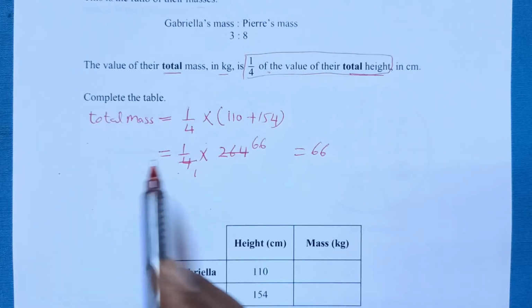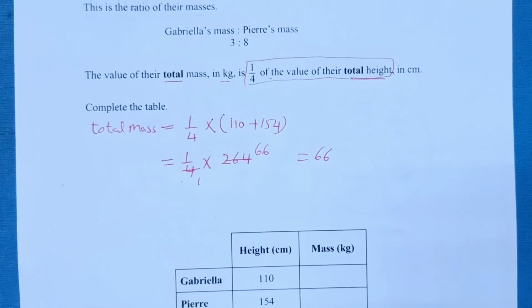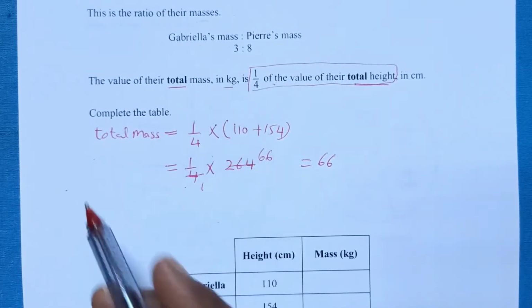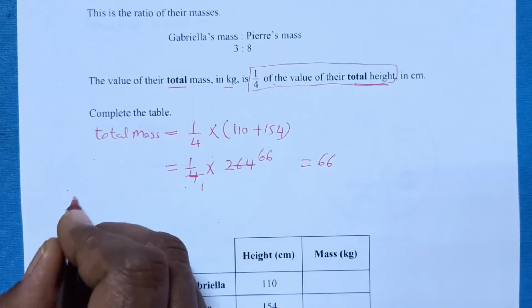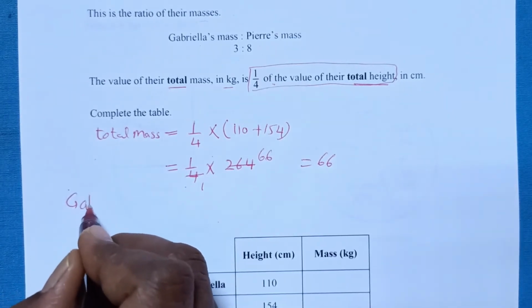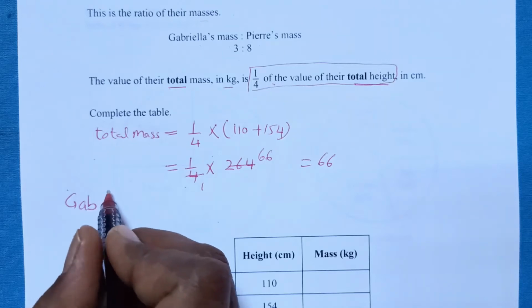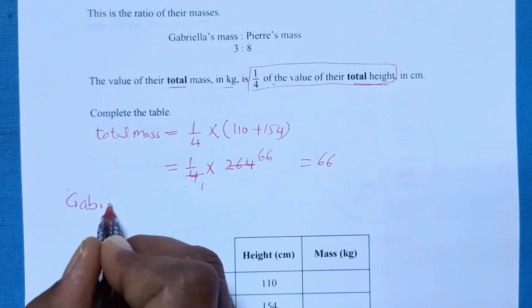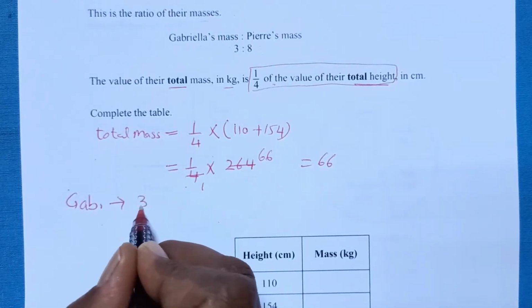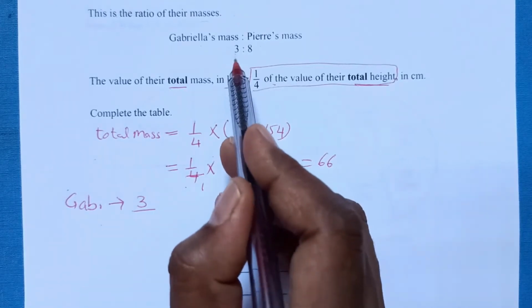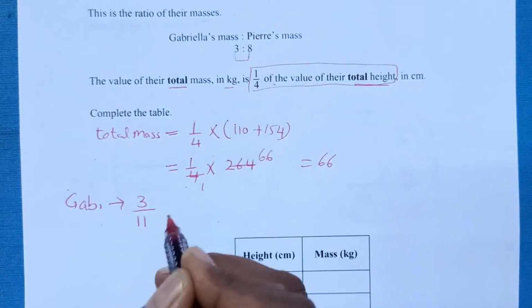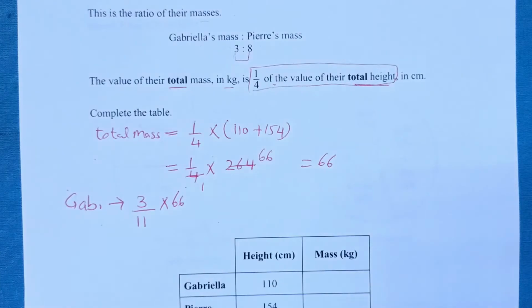Now we are given the ratio of the masses here. We are given Gabriela's is 3, so we can take them one by one. So for Gabriela, the mass is 3 out of, add them together, that is 11, and how much is out of 66 kilograms.